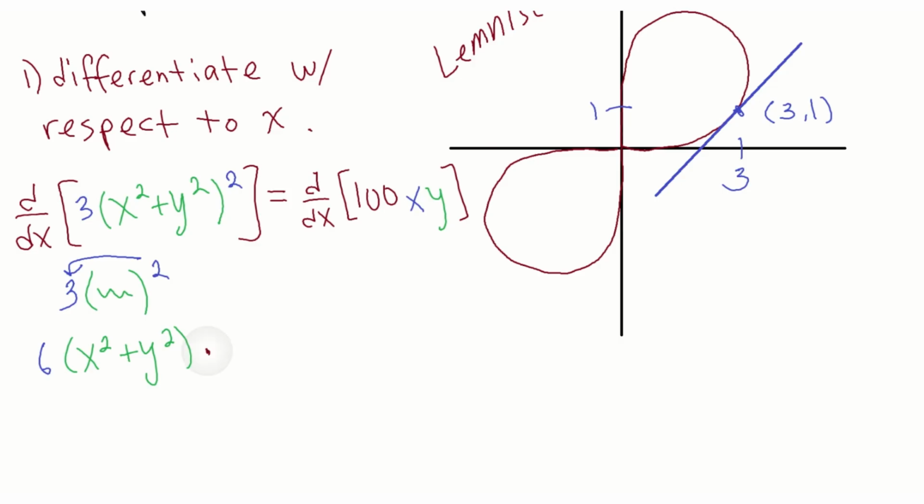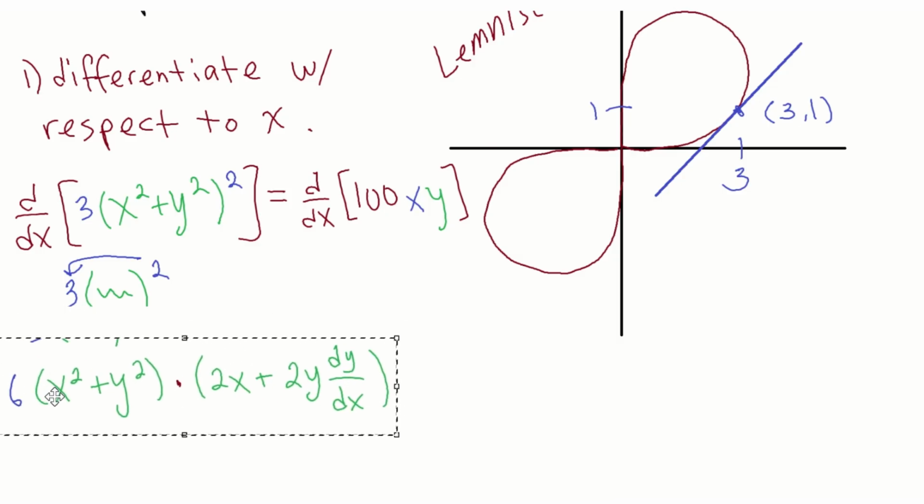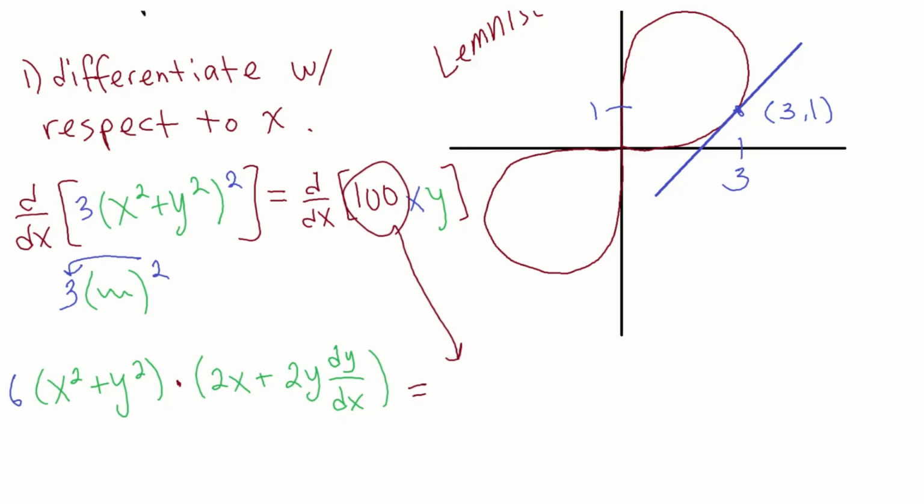The chain rule says we have to multiply that by the derivative of the inside function. The derivative of x squared is 2x. And the derivative of y squared with respect to x is 2y dy dx. Over to the right, the 100 is a constant multiple, so we'll leave that out front.